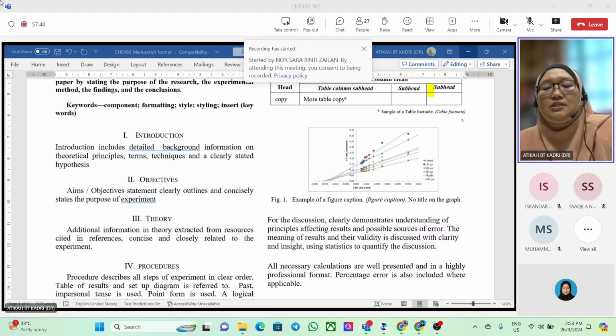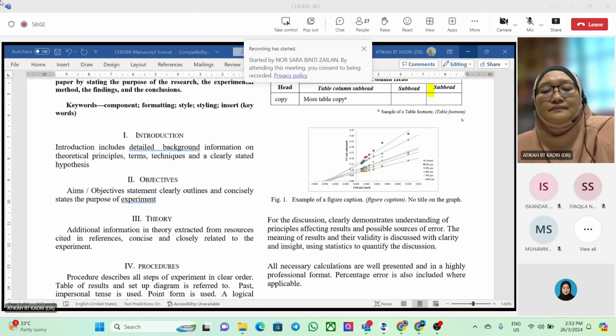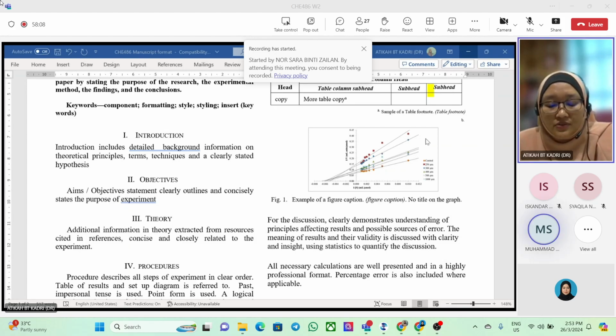Another thing about charts and figures: please do not include any chart or figure unless you want to discuss it. Do you understand what I'm trying to say here? If the chart or the figure is not relevant to your discussion, or you don't even mention that chart or figure, it shows that the chart or figure is not required in the report.